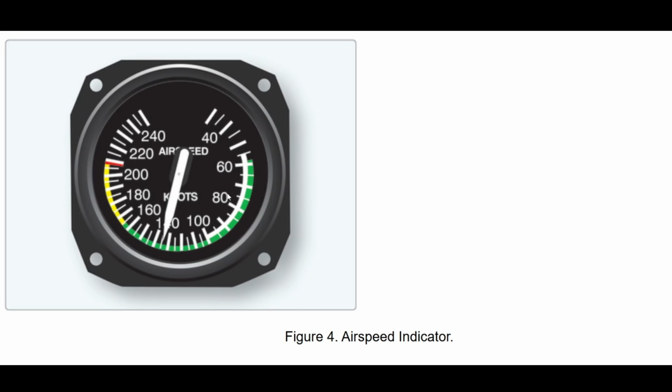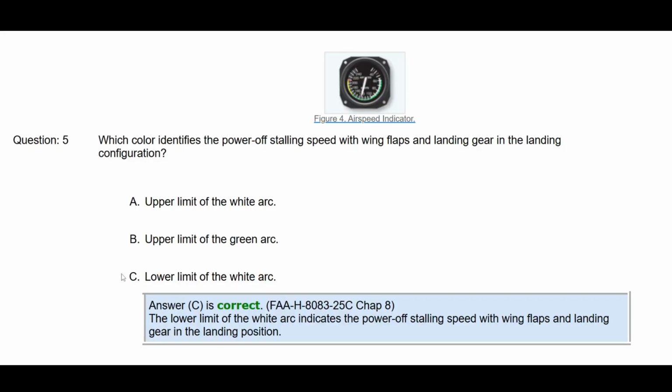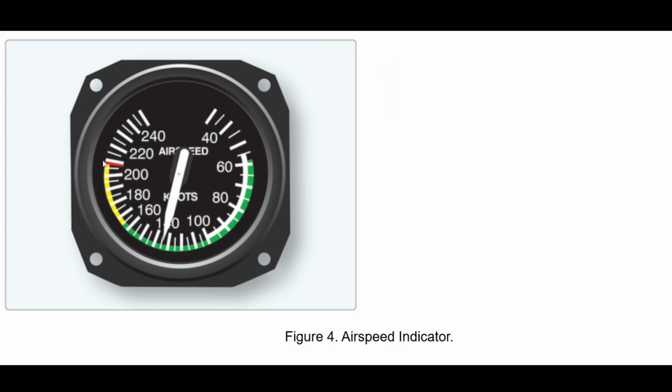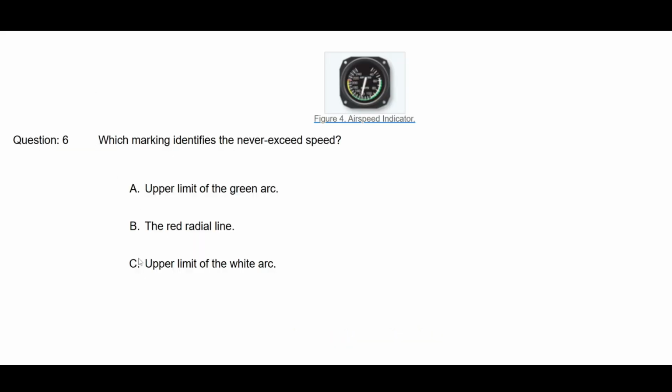It does not have to be both, it can only be one of them. So that's the answer for that. Question 6. Which marking identifies the never exceed indicator? The never exceed indicator is the red dial mark. That would be above 200, so B, the red dial line.